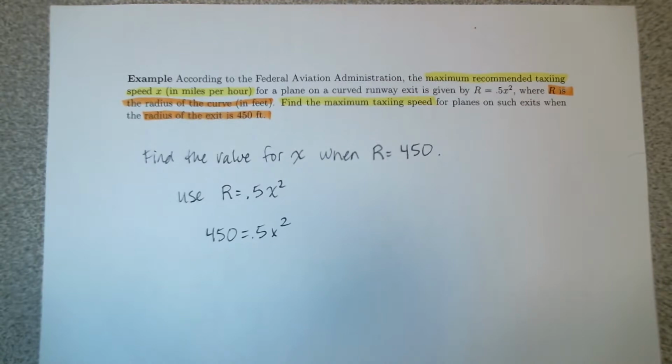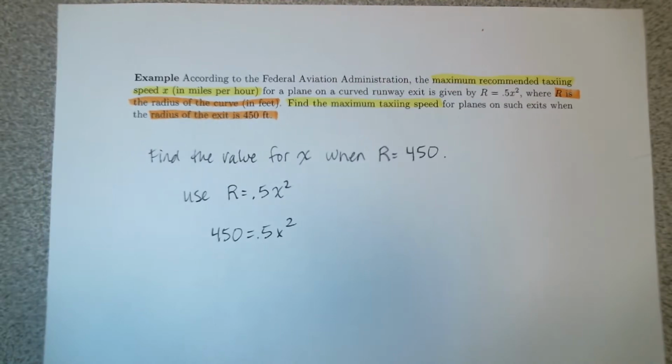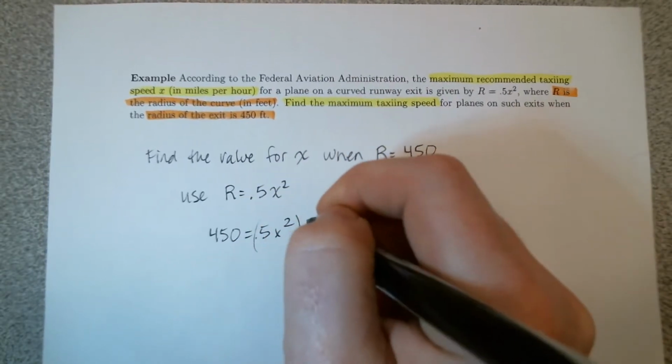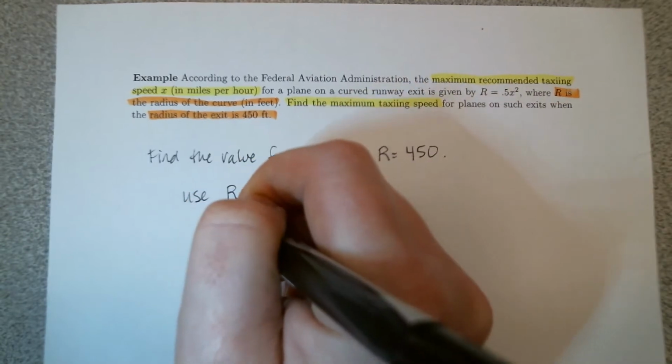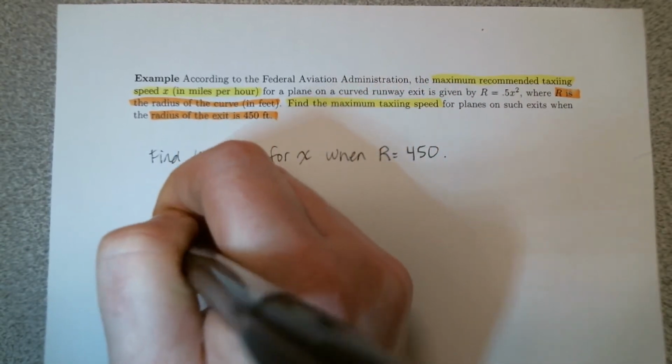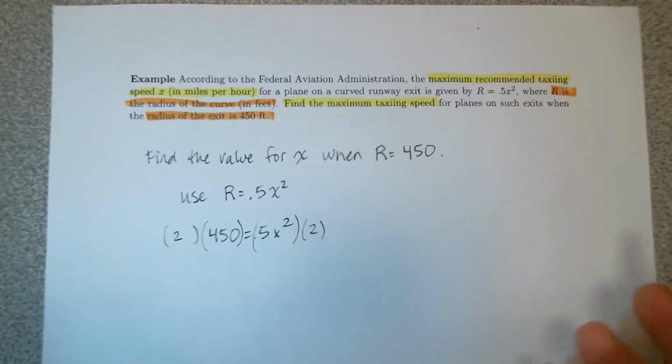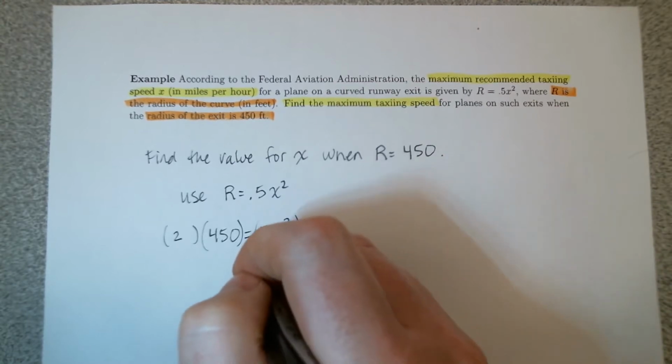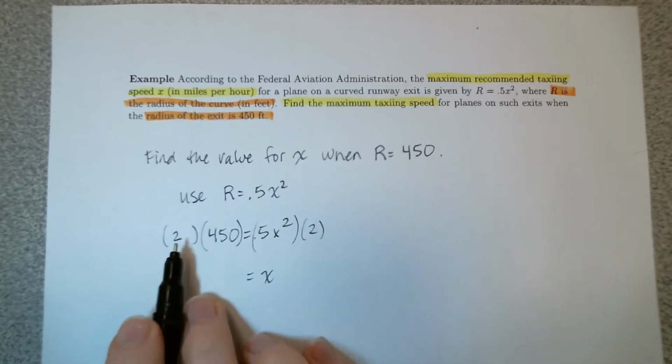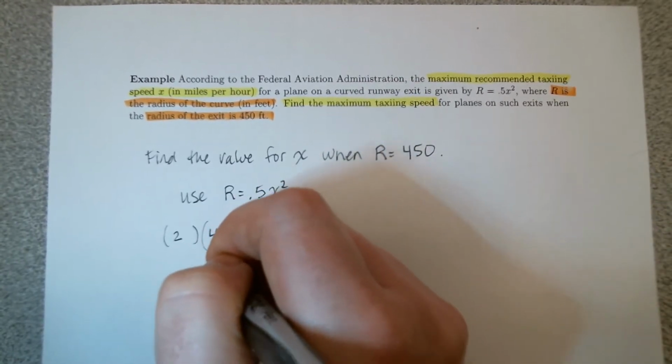I think what I'm going to do is divide both sides by 0.5. And when you divide by 0.5, which is the same as a half, you're really multiplying both sides by 2. Now, if I were using a calculator, I could certainly type in 450 divided by 0.5. That'd be fine. But 450 times 2 is 900.